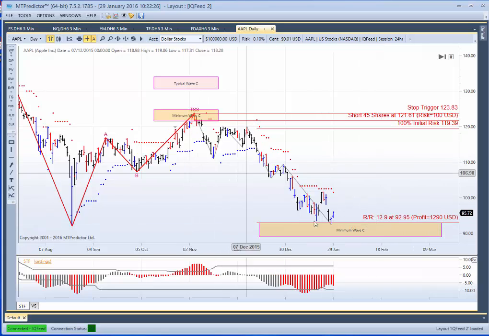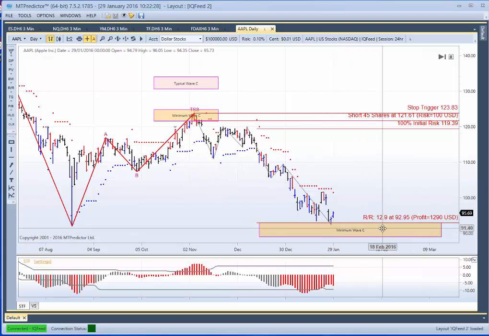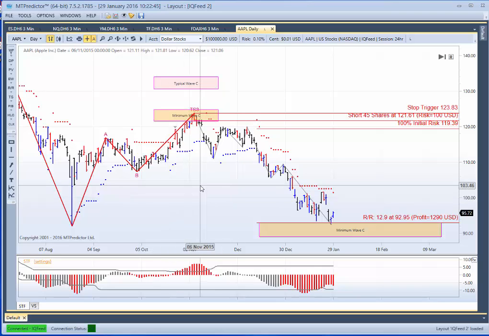In other words, this profit here was approximately 13 times greater than the previous loss. In other words, you turned a $100 risk into just under $1,300, $1,290 profit, ignoring slippage and commission. And I thought that was a very good example to show the whole idea of MTPredictor: we're looking for trade setups where the profits are large and the losses are small.